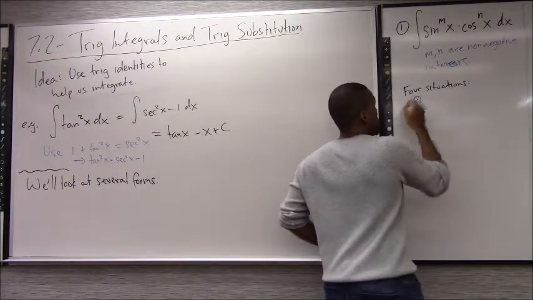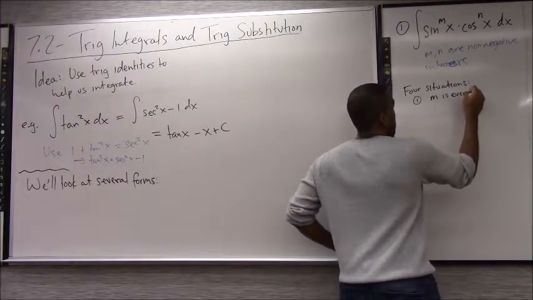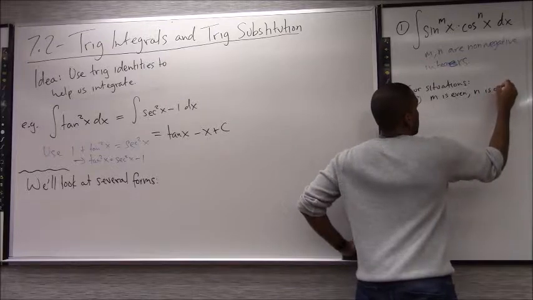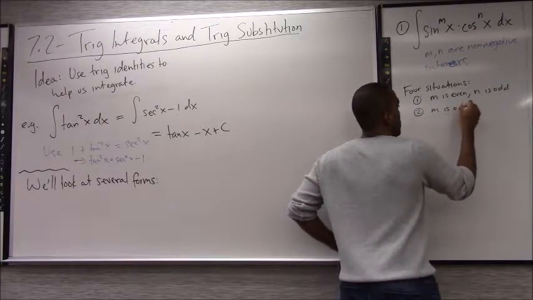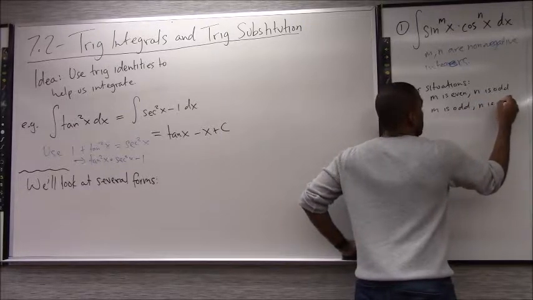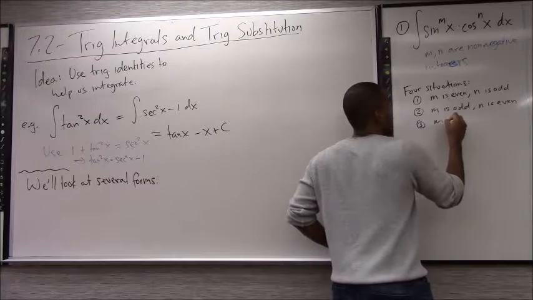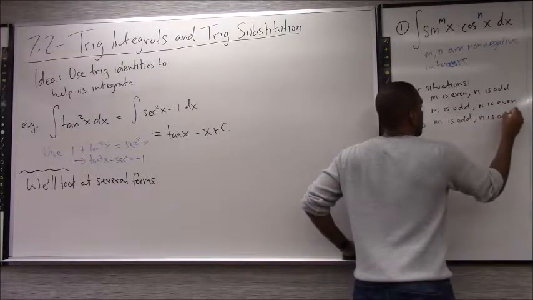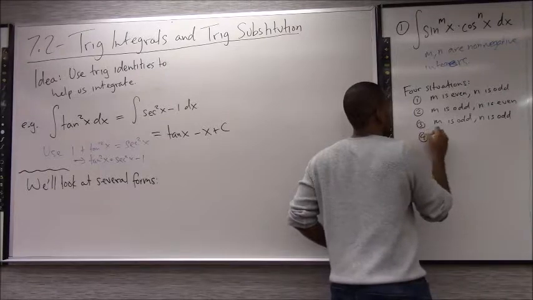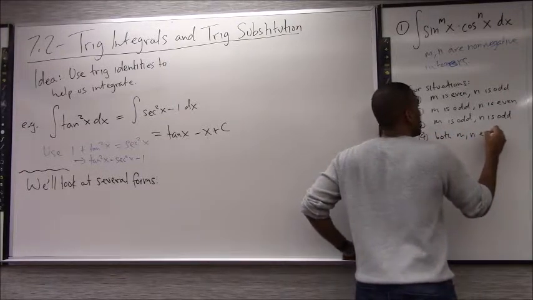So one situation is, for example, if your m is even and your n is odd, you can have your m is odd and your n is even. You can have m is odd and n is odd, and you can have both m and n even.